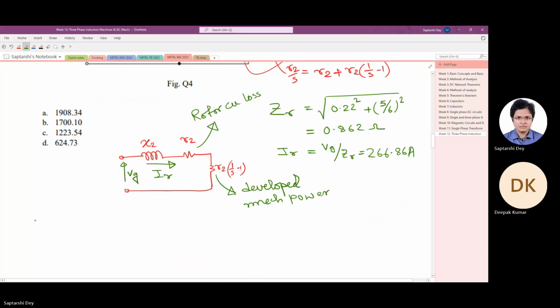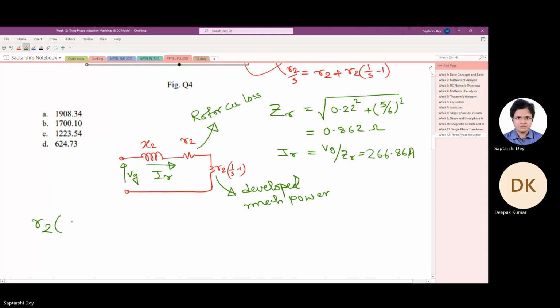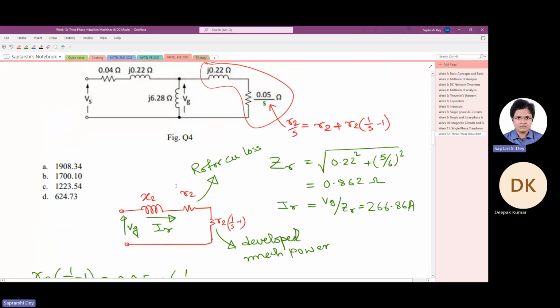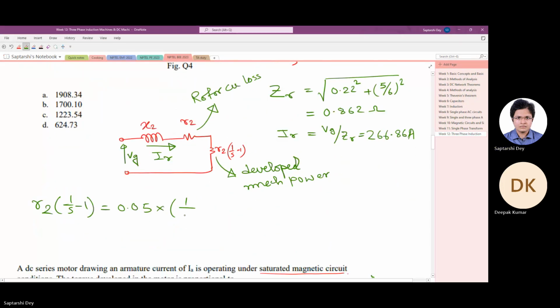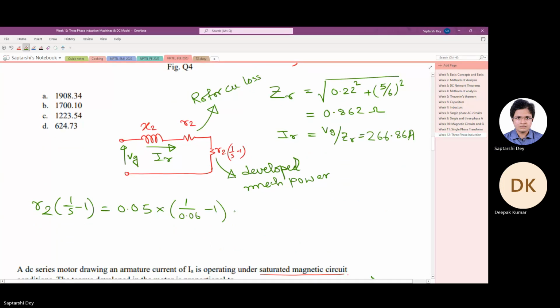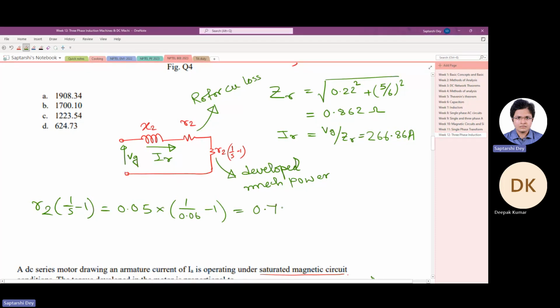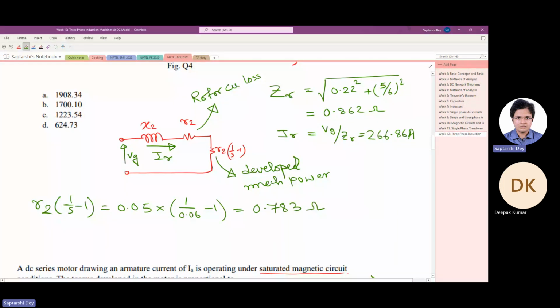Now how much is this? R2 is 0.05. R2 by S is how much? 0.06. Somewhere around 0.783 ohm. So the developed power, or I'll directly do the torque.